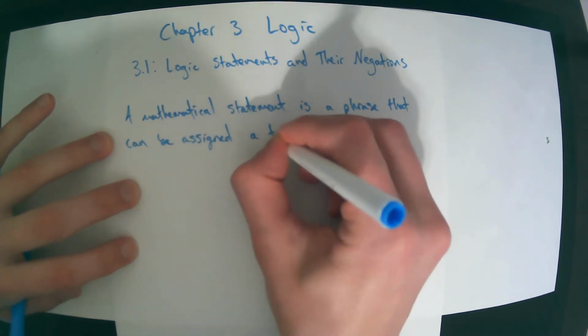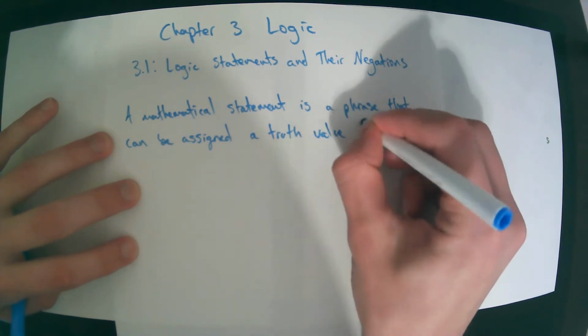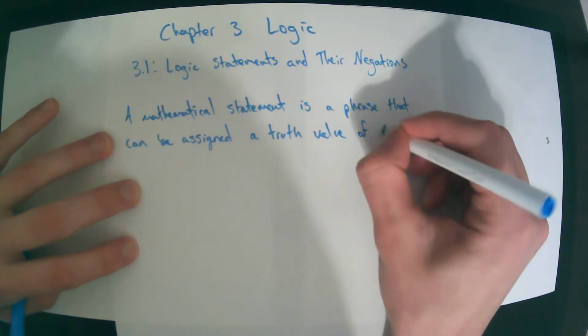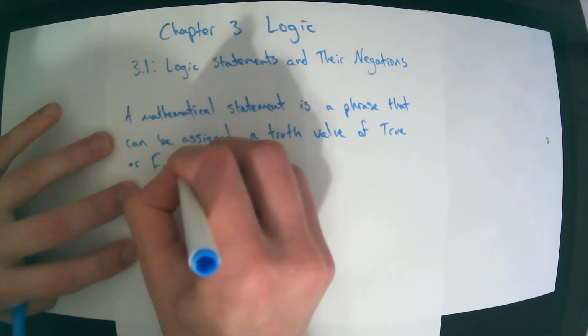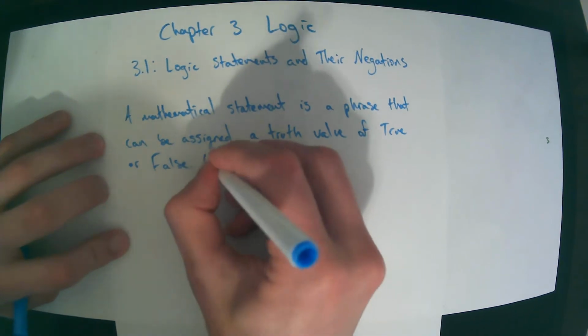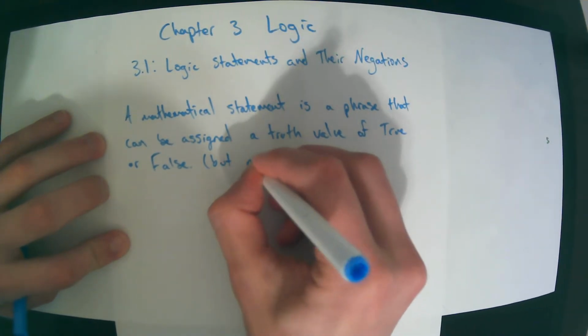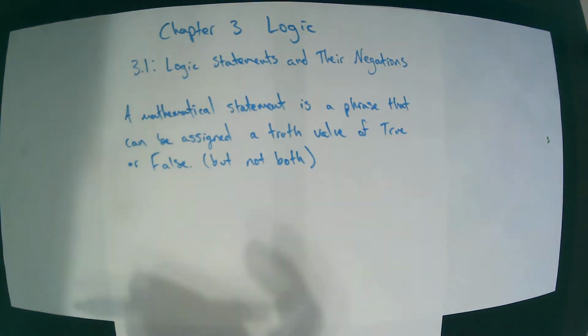We say a truth value is just one of two things, true or false, but not both at the same time. So a mathematical statement can be either true or false, but not both.